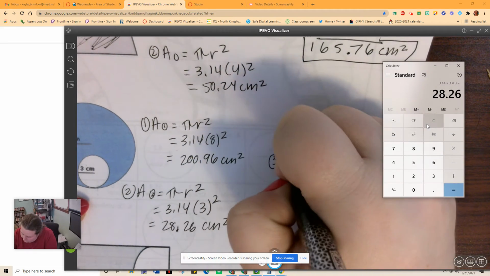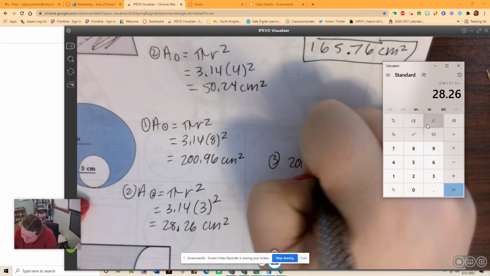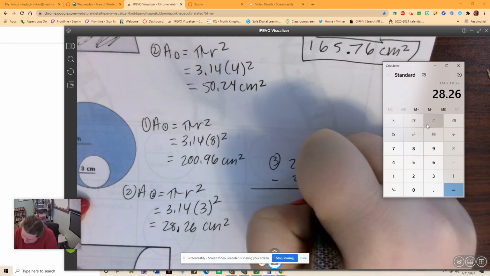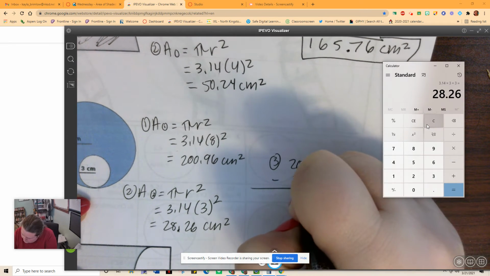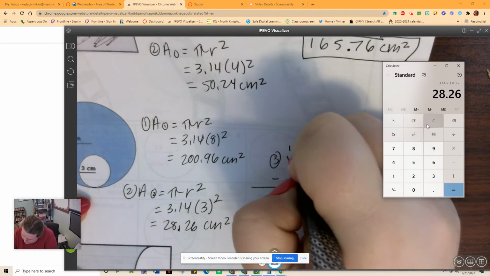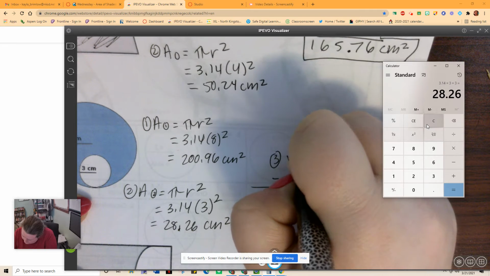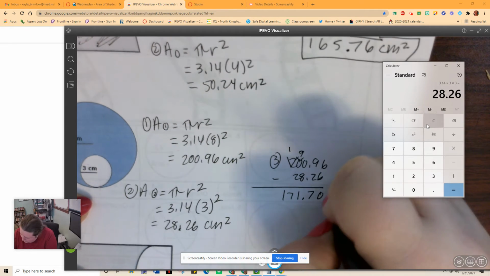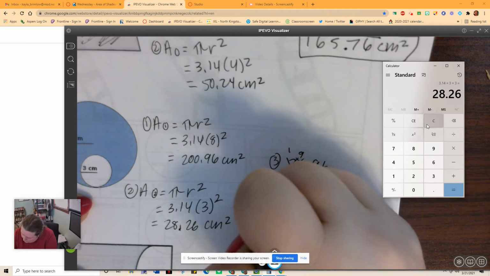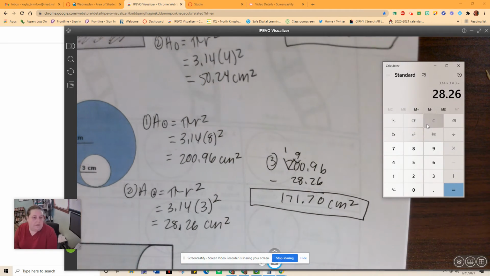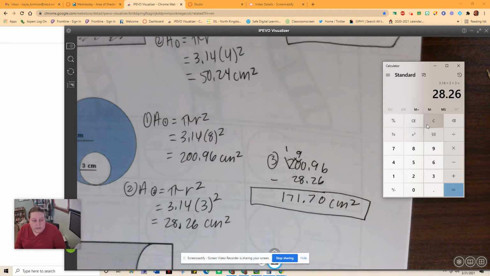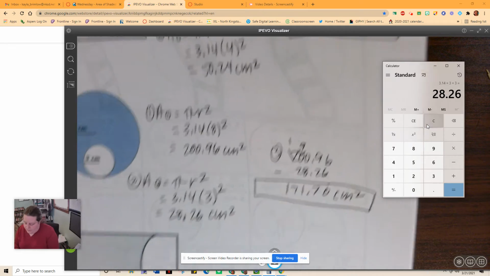So then step 3 is to find the difference. 200.96 minus 28.26. So the area of the shaded region of the larger circle in blue is 171.7 centimeters squared. Okay.